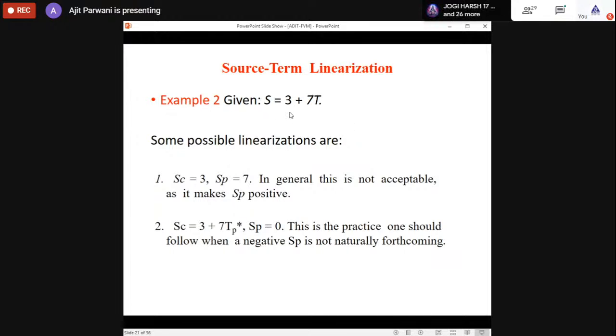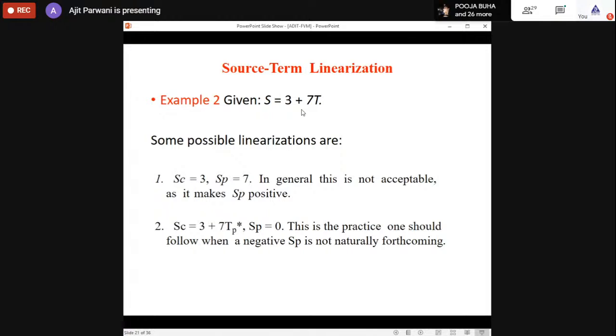Why does it become invalid? Because AP is equal to AE plus AW minus SP Tp. If SP is positive, then AP could become negative. So in order to satisfy that rule, we have to convert this equation into some other form. Suppose SC is equal to 3 and SP is equal to 7. This is not acceptable because it makes SP positive, and you will get an unrealistic solution of the equations.